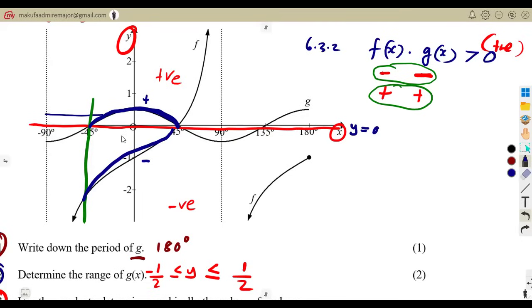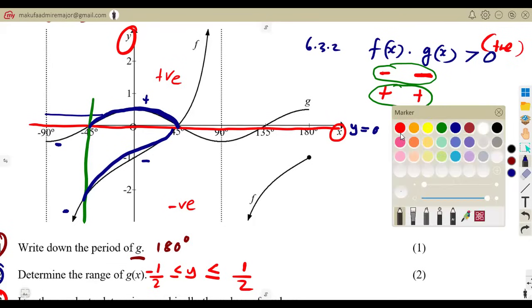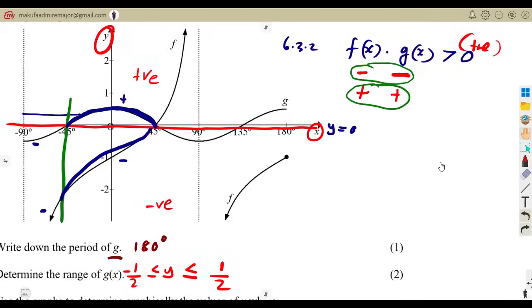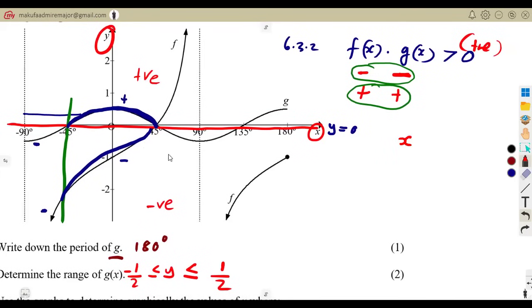So we don't want that. We want a condition where both are negative, like what we can see here, within minus 90 and minus 45. Remember, 90 is an asymptote, minus 90 is an asymptote. So the first solution is that x is supposed to be greater than minus 90 degrees, but the same x is supposed to be less than minus 45 degrees.